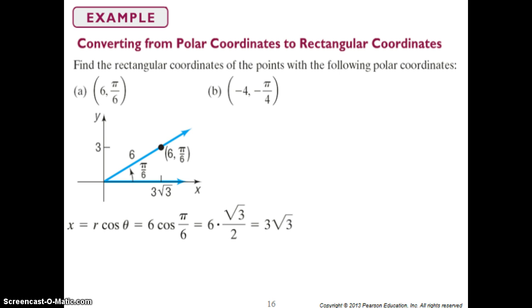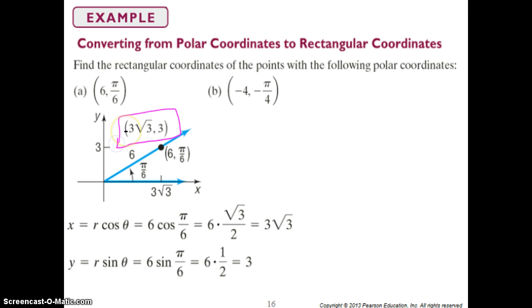To find the x coordinate, we take r, which is 6, and multiply it by the cosine of pi over 6, and we get 3 root 3. To get the y coordinate, we take r, multiply it by the sine of pi over 6, and we get 6 times 1/2, which is 3. So the rectangular coordinates are 3 root 3, comma 3.